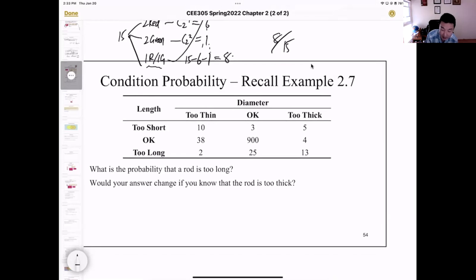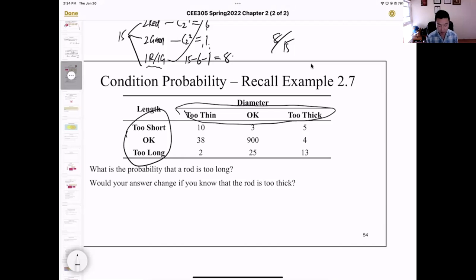So this is the 1,000 rods and the specs for the rod. The length of the rod could be too short, too long, or okay. The diameter could be too thin, too thick, or okay. Out of 1,000, this is the allocation of the number of rods for each requirement. And what is the probability that the rod is too long?